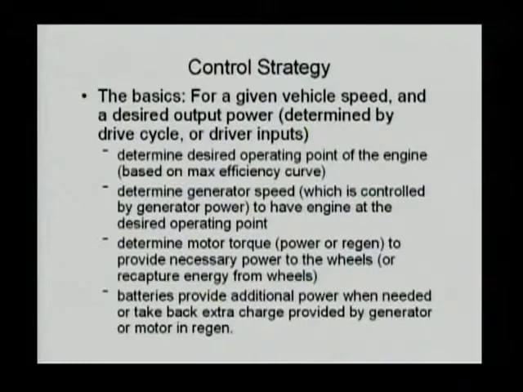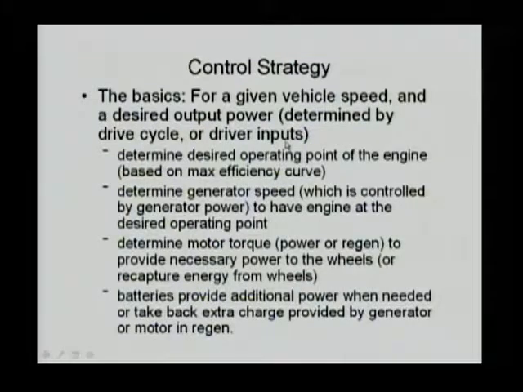So in a planetary gear-based hybrid like this one, the control strategy is designed such that the generator speed is always controlled or manipulated so that the engine will run at a better fuel economy. On the chart here, it displays the procedure for how to control the system. Basically, the vehicle controller continuously monitors the vehicle speed.